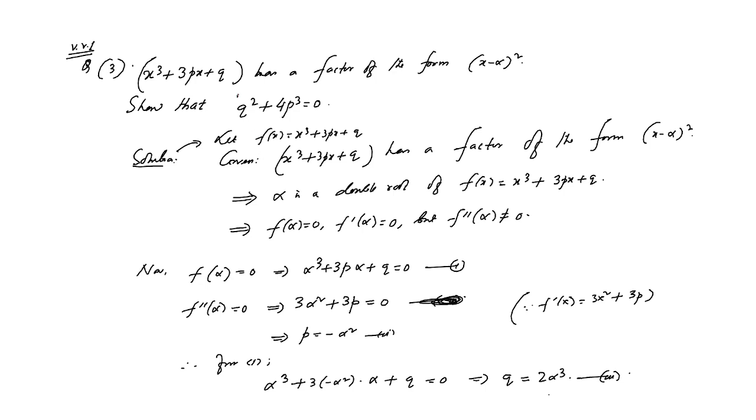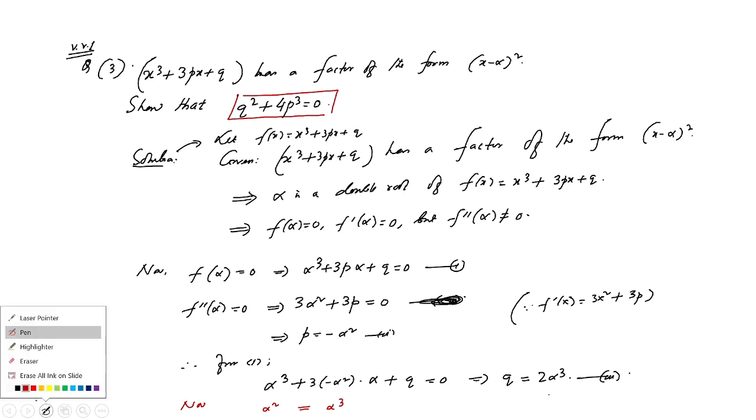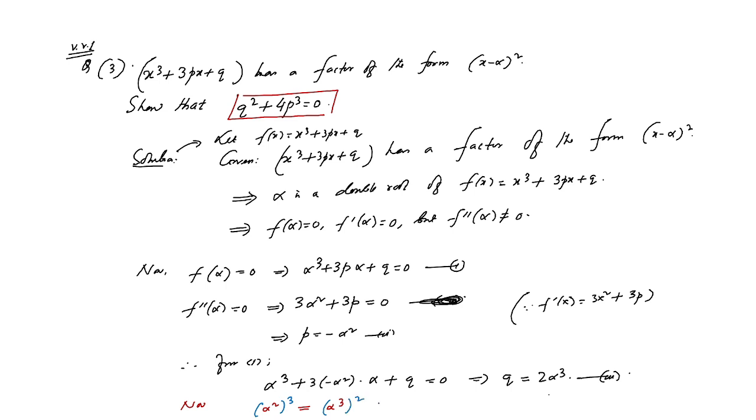q square plus 4p cube equals 0. Now, you have alpha square on one side and alpha cube on the other, and you try to equate these two terms. Alpha square is not equal to alpha cube, but how will it be equal? You just think about the trick. You will take cube here and square here, and that will be equal.